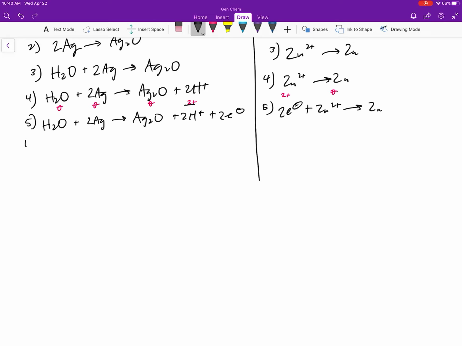So the nice thing is there's no change to my equation because I have 2 electrons and 2 electrons. So that's great. Let's not be lazy, let's rewrite. Okay, so there's no change to any of the coefficients because I have 2 electrons in both of my half reactions. So they're going to cancel out without any problem.